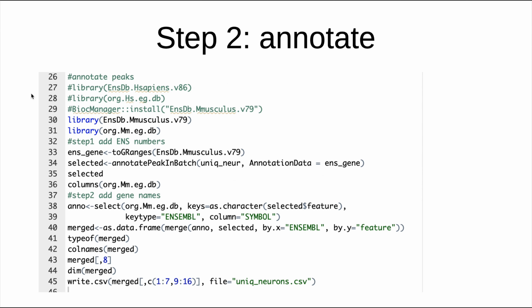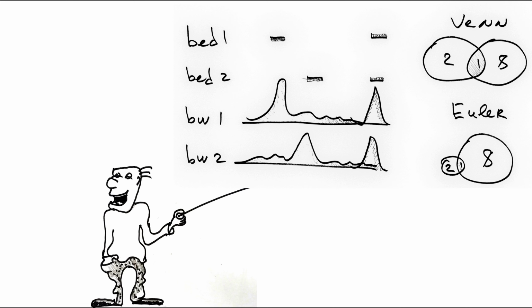And in step number 2, you annotate those lists with the regular annotation databases, and you save your results and continue your study in any direction you like. That's how it works.